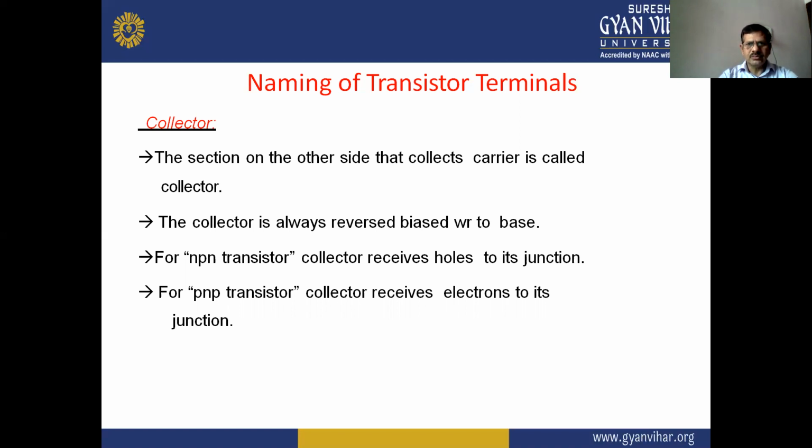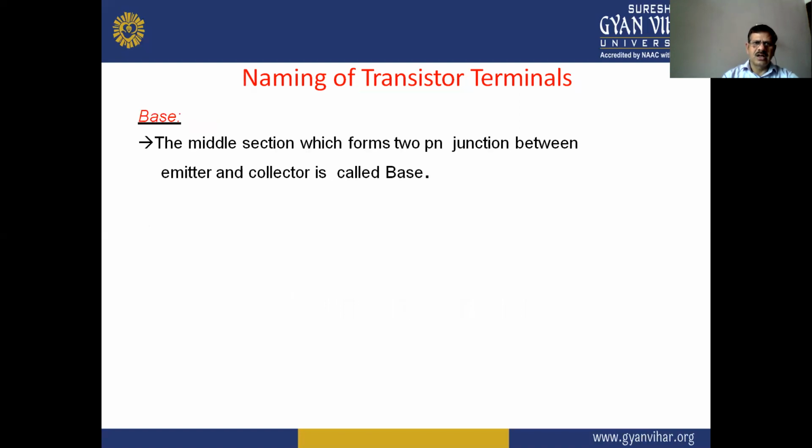So carriers are collected by the collector in different charge forms. In an NPN transistor, the collector collects the charge in the form of holes, and in a PNP transistor, the collector collects the charge in the form of electrons. So this is the function of the collector terminal.